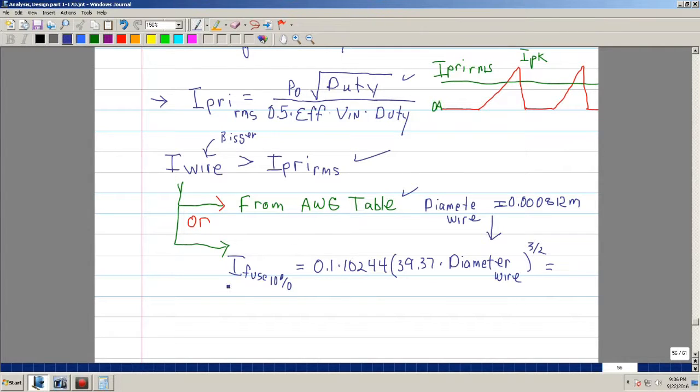If you don't have a table, then you can use this equation. That would also give you an approximation, as long as you know the diameter. If you plug the diameter in here, you can calculate the fusing current, and this should match very close to your table.